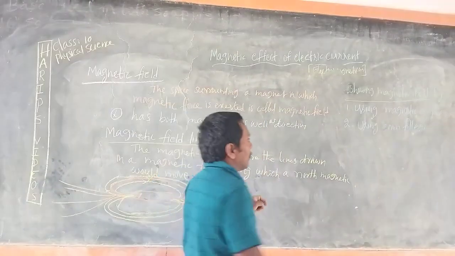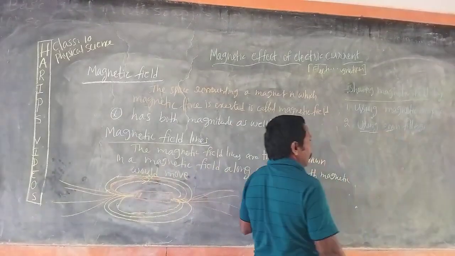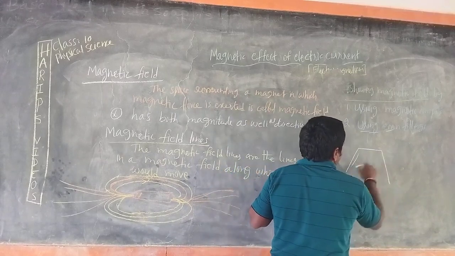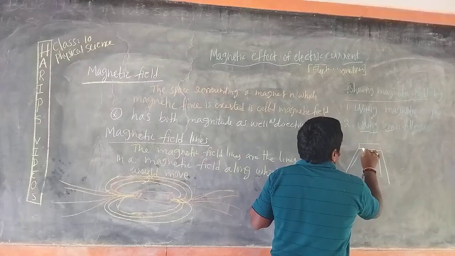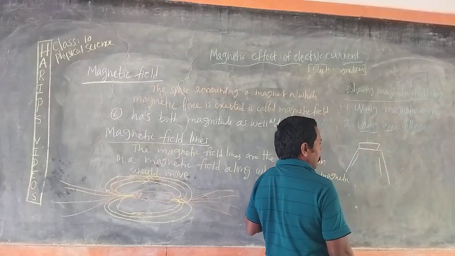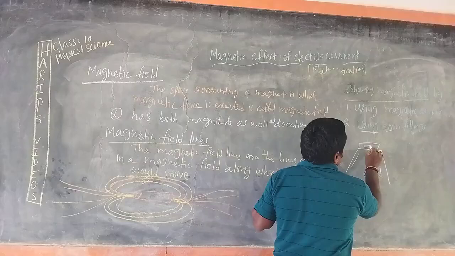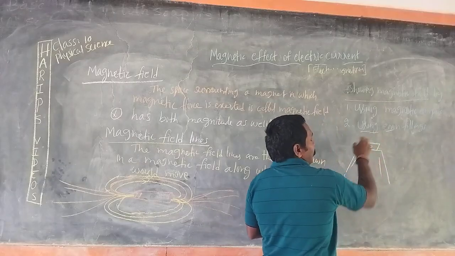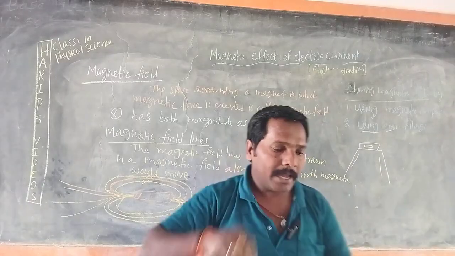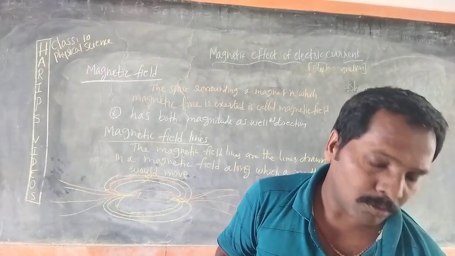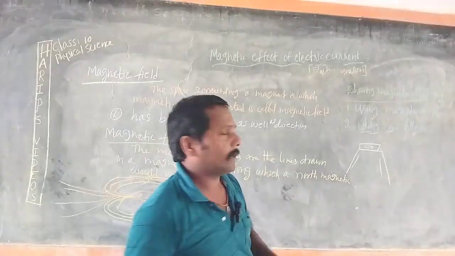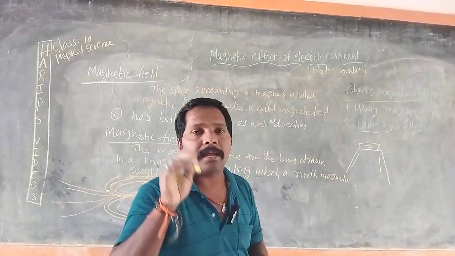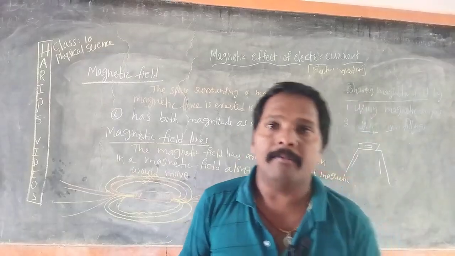By using iron filings, simply take a table, spread a white sheet on the table and place a bar magnet on the paper, then sprinkle some iron filings around the magnet, and gently strike the table.